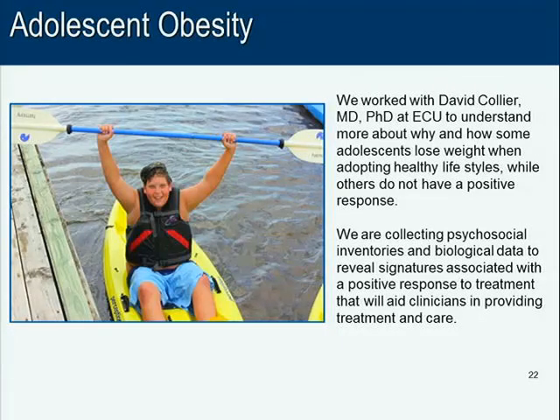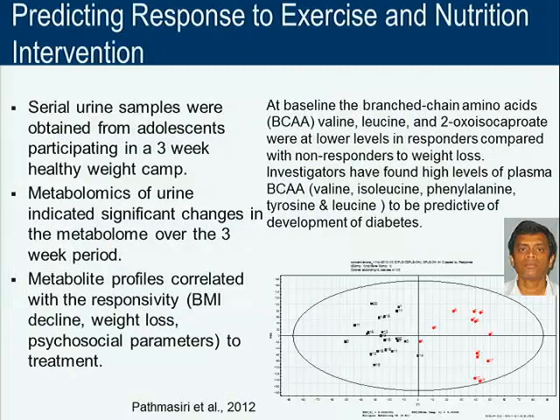So we were trying to find what else could we do. So we did this metabolomic study, and I'll give you the end answer, is that we found that branched-chain amino acids were elevated in the urine of the adolescents that did not lose weight during the healthy lifestyle program.